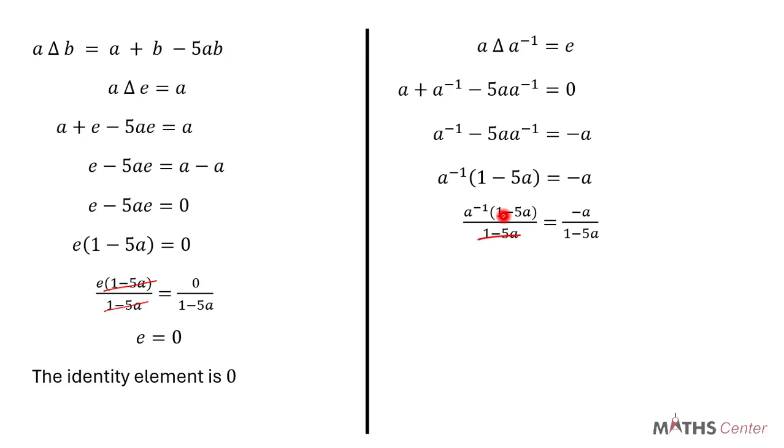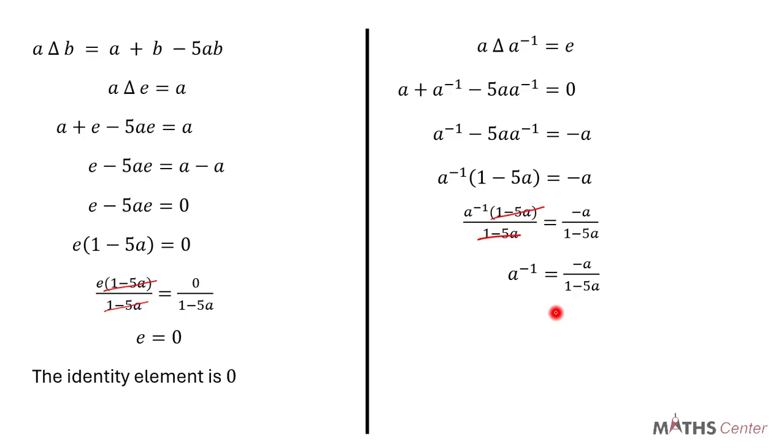So 1 minus 5A and 1 minus 5A will be gone. And so A inverse will be equal to negative A divided by 1 minus 5A. This gives us the inverse function for this binary operation.